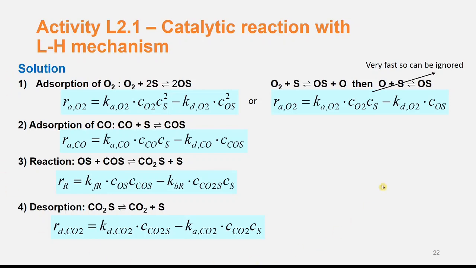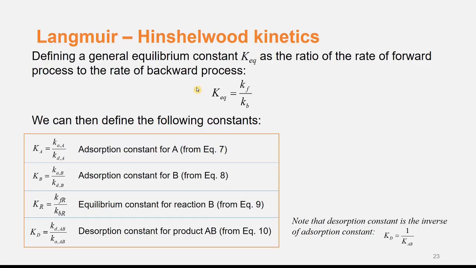Here are the solutions that we just derived. Now, to carry on with the derivation of the overall rate of reaction for the Langmuir-Hinshelwood mechanism, we want to define a general equilibrium constant for the overall process.